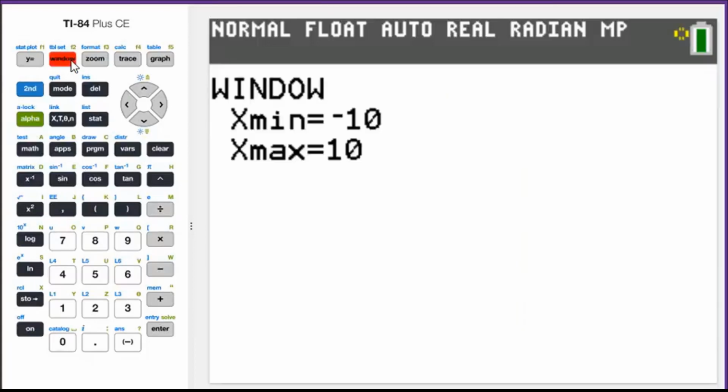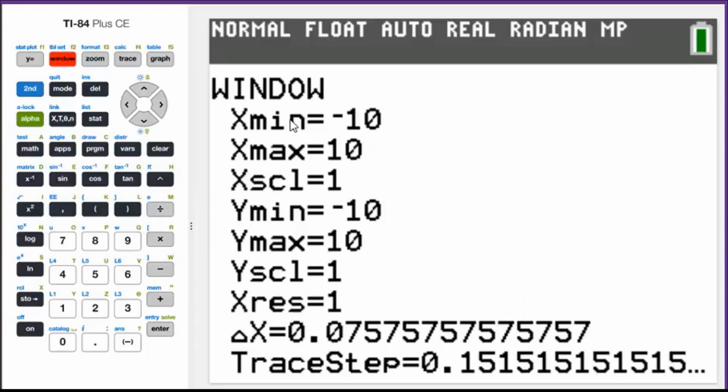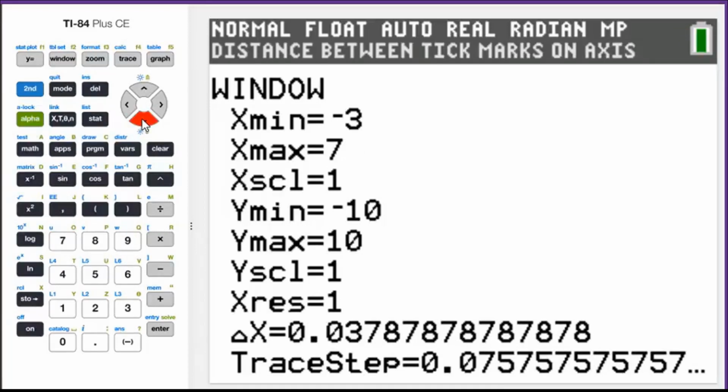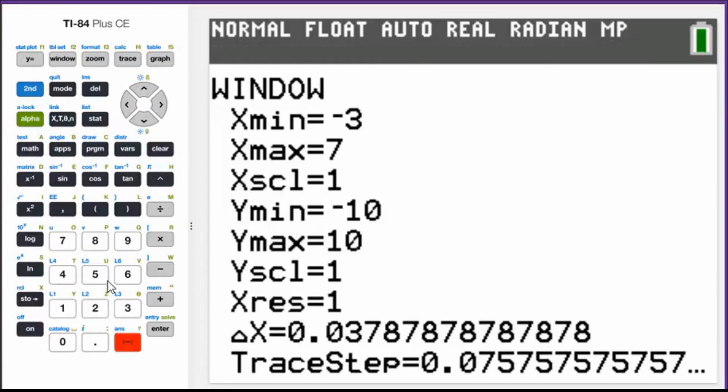So I change the window. X minimum I set up like negative 3. Maximum I set up like 7. Then the scale definitely is 1. For minimum value, I will set up like negative 50. Maximum is 50.